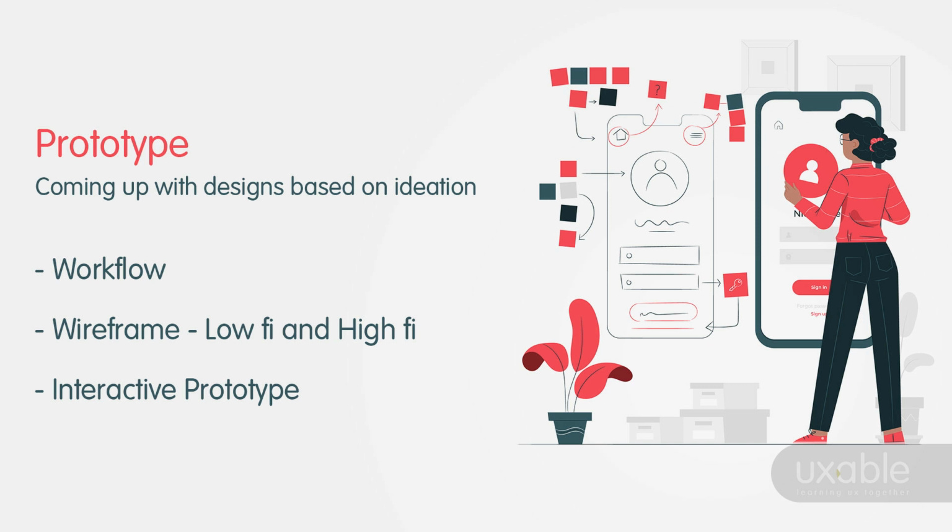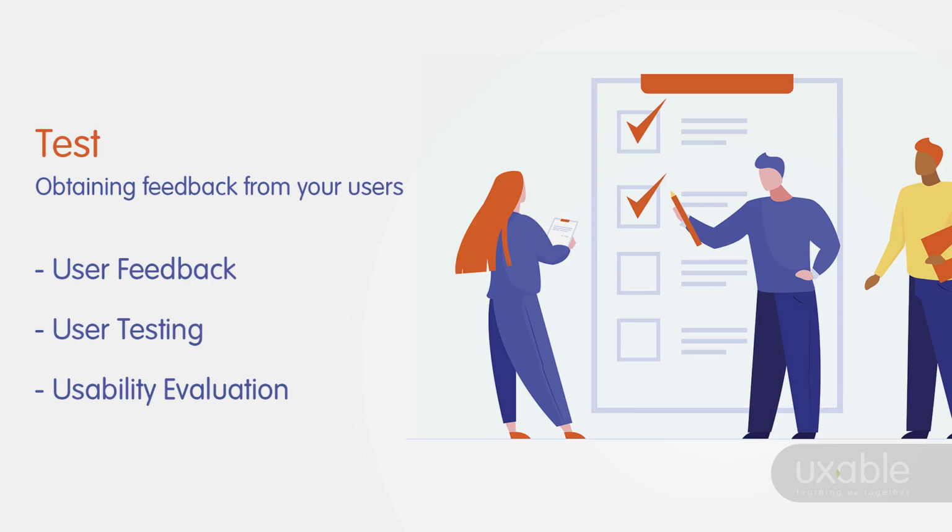We come up with some wireframes which consist of low fidelity wireframes and or high fidelity wireframes and some interactive prototypes. So once we are done with the prototype, we go to the next stage, that is testing, where we gather the feedback from the real users by doing user testing, by doing usability evaluation.